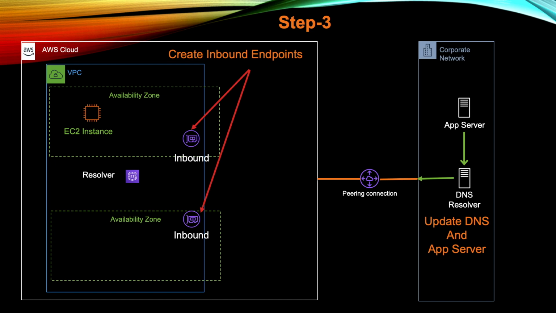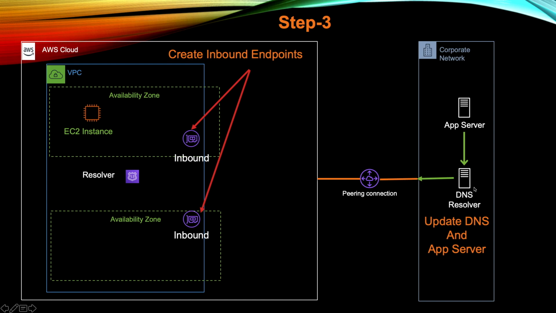In our DNS server, we will update the zone file saying that any DNS query which belongs to the AWS cloud should be sent to these endpoints, and the app server will be linked to our DNS server, so that any DNS query uses this DNS server to resolve those queries.